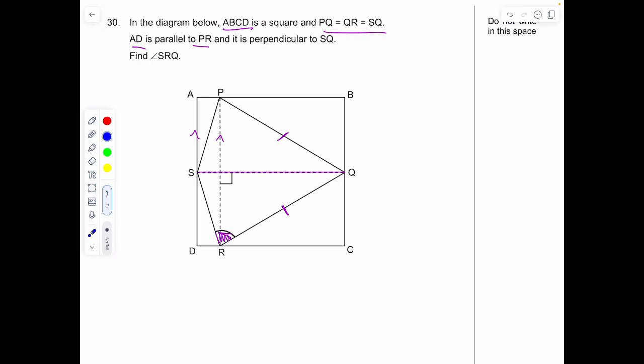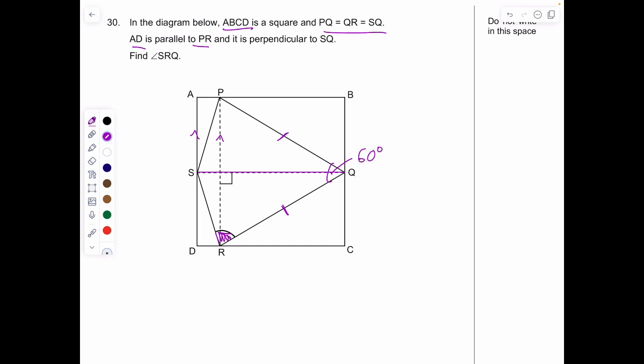So to solve this part, I would actually take 60 divided by 2. Now, where did I get this 60? So granted that this is an equilateral triangle, I actually know that this is 60.